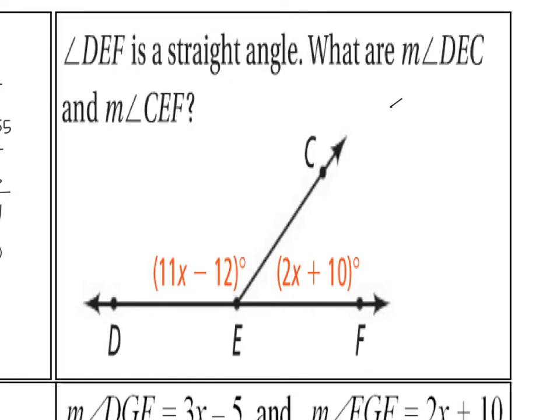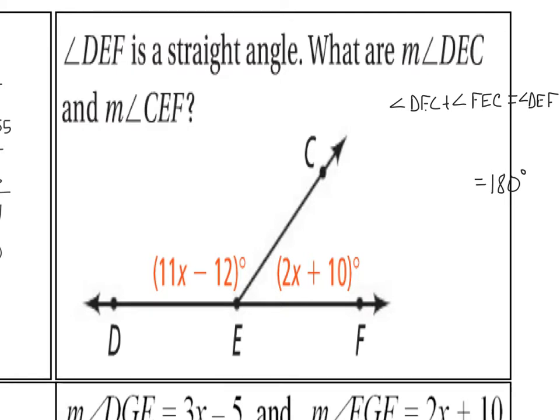So angle DEC plus angle FEC, or CEF, either way, is equal to angle DEF. Now, it says DEF is a straight angle. If it's a straight angle, that means it's 180 degrees. Okay, so straight angles are 180 degrees.